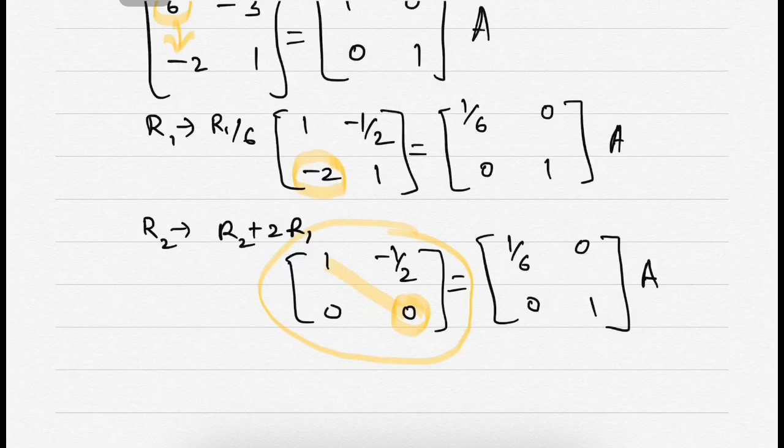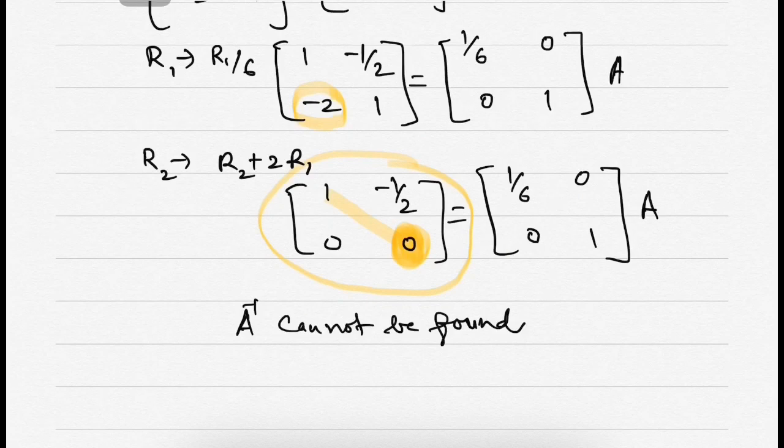But in this case, we are not getting this element as a non-zero number, so that we can make it 1 by dividing by some number. As the element of the leading diagonal is 0, we cannot make it 1 by dividing it by some number. So in this case, the inverse of the matrix A is not possible. Hence, A inverse cannot be found.